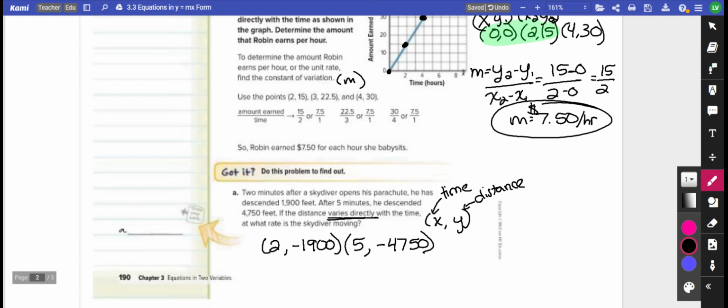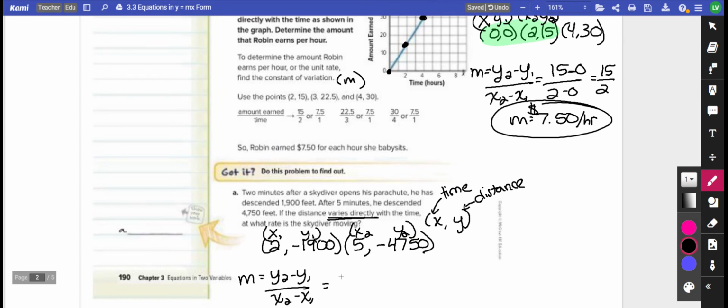Now I'm going to use my slope formula. Slope equals y2 minus y1 divided by x2 minus x1. Then I'm going to label my points. I have x1, y1, then I have x2, y2.